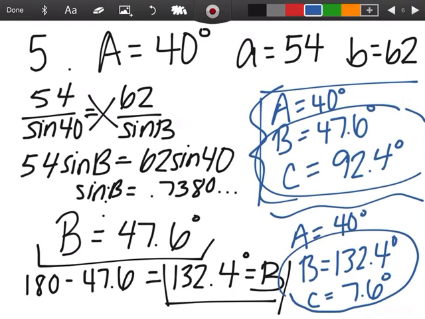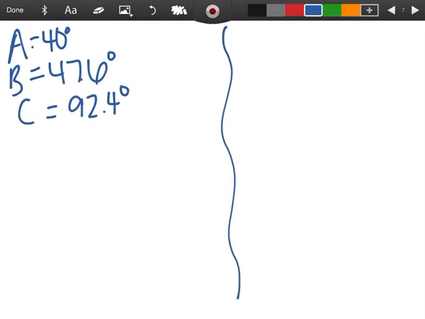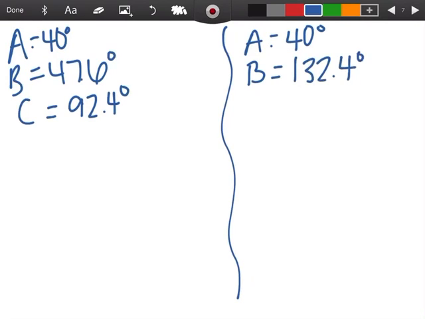In either case, I'm not done because I don't know side C. So I need to find side C in both separate cases. So let me write over this info. So A is 40, B is, I already forgot. I'm going to have to go back and forth a lot. 47.6, C is 92.4 because I'm looking at my calculator. And then over here, A is 40, B is 132.4.